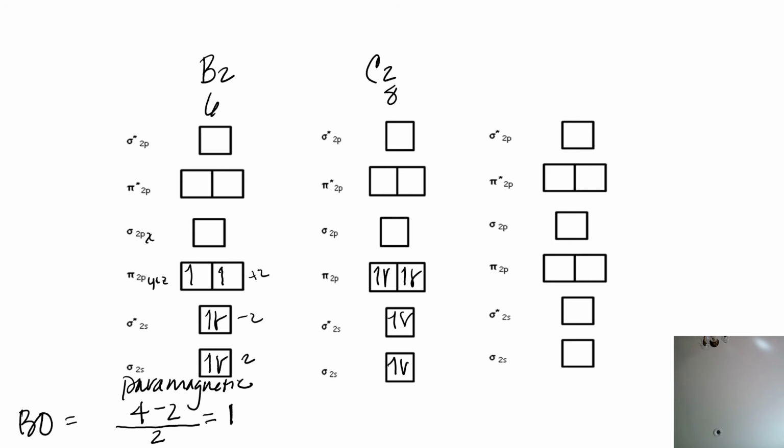So this will be diamagnetic. And our bond order will be 2. So we have 2 plus 4, 6 minus the anti-bonding electrons, giving us a bond order of 2. So we will have a double bond between those 2 carbon atoms.